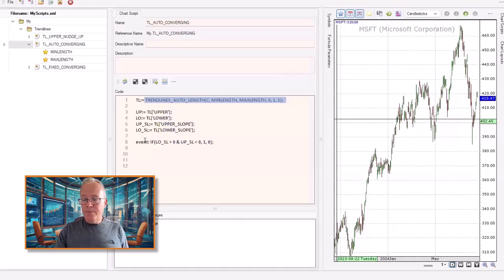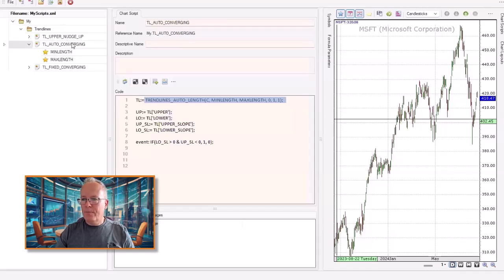And so this event is basically just saying be true if the lower slope is greater than 0, i.e. the lower slope is sloping up, and the upper slope is less than 0. So upper slope is sloping down. I'm reversed on this screen, so it's a bit tricky. Okay, so that is a very simple script to detect converging trend lines with auto length.